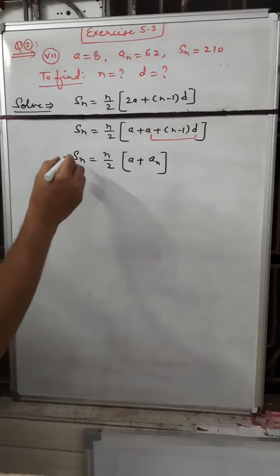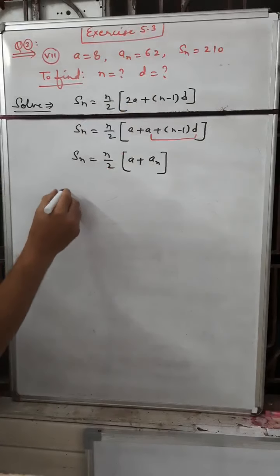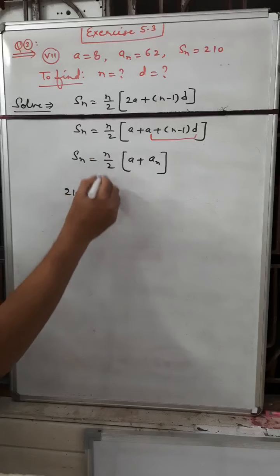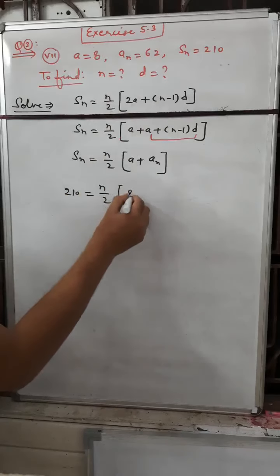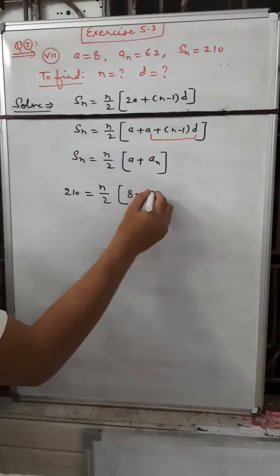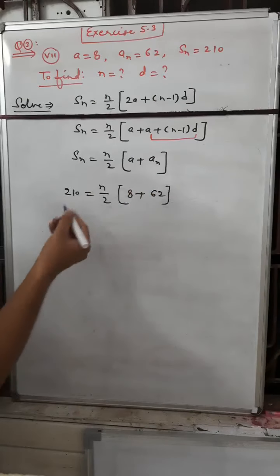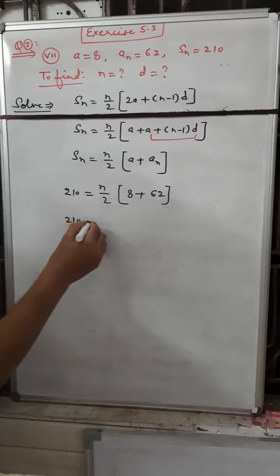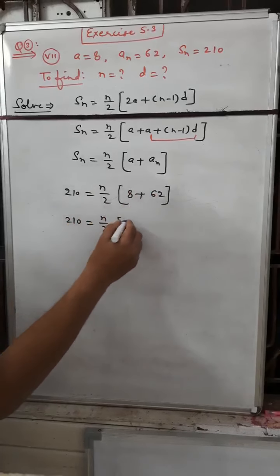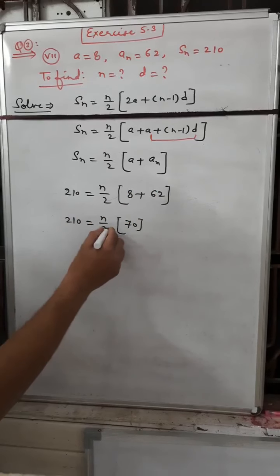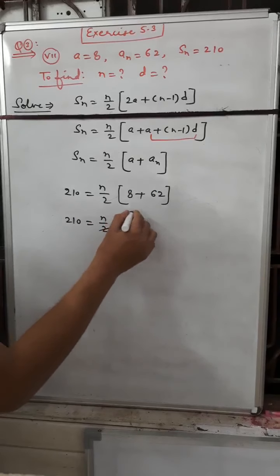Now putting all the values, we know that Sn is 210. We don't know the value of n, but we have the value of a as 8 and an as 62. So easily we can find the value of n. So 8 plus 62 is equal to 70, and 2 ones are 2, 35.